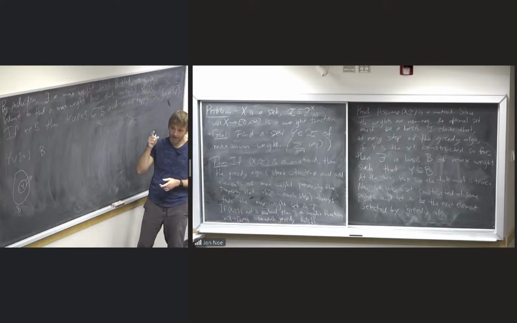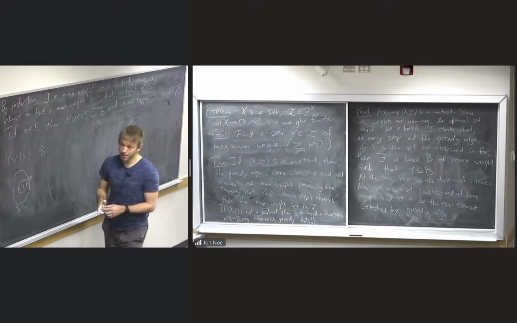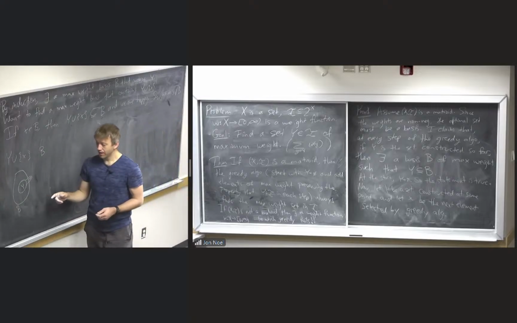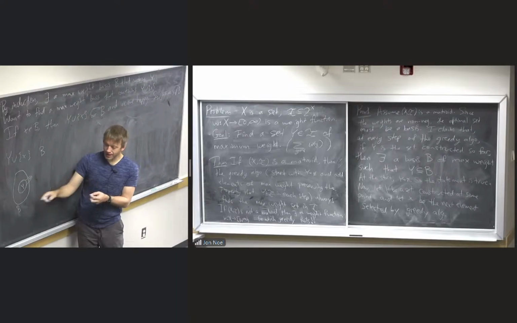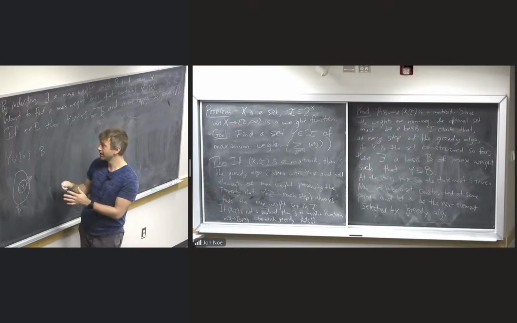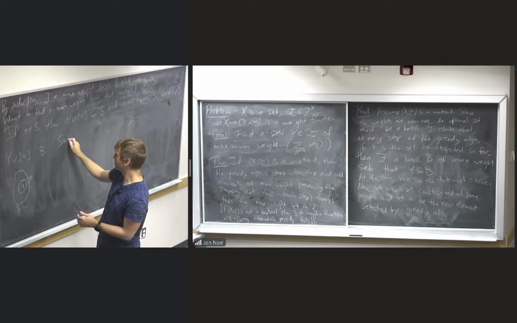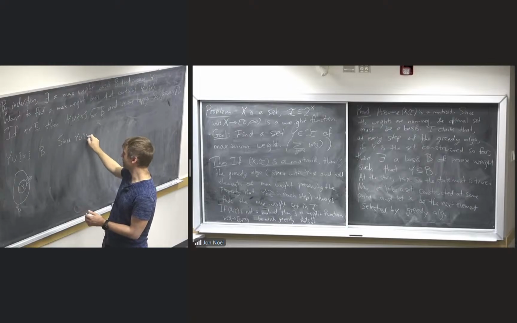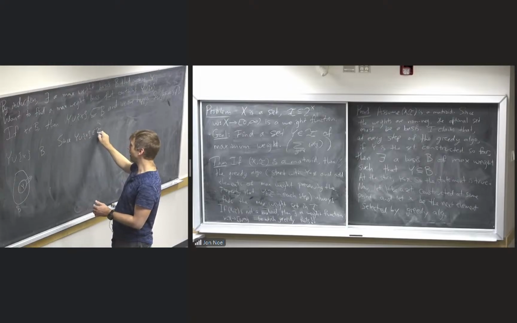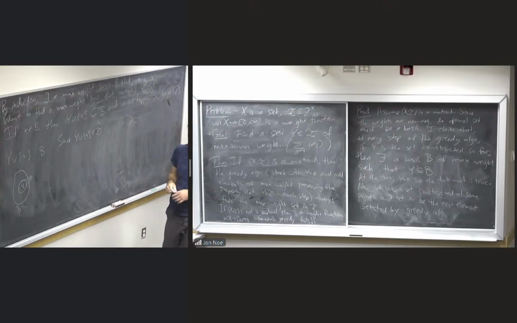If Y union X is smaller than B, then by the second property of being a matroid, I can keep adding things from B into Y until they get to be the same size, until it gets to be a basis. Remember, the greedy algorithm always maintains an independent set.